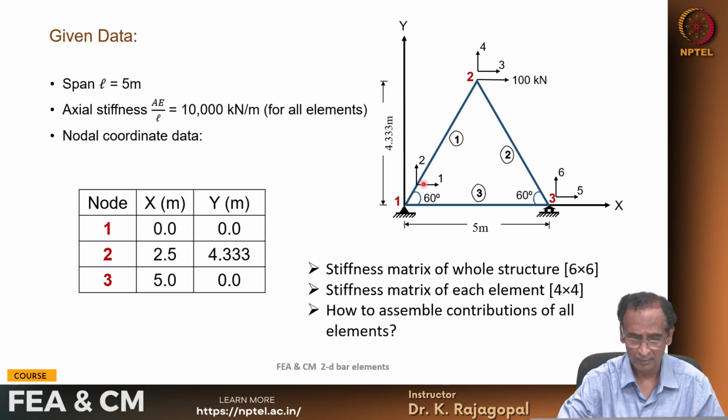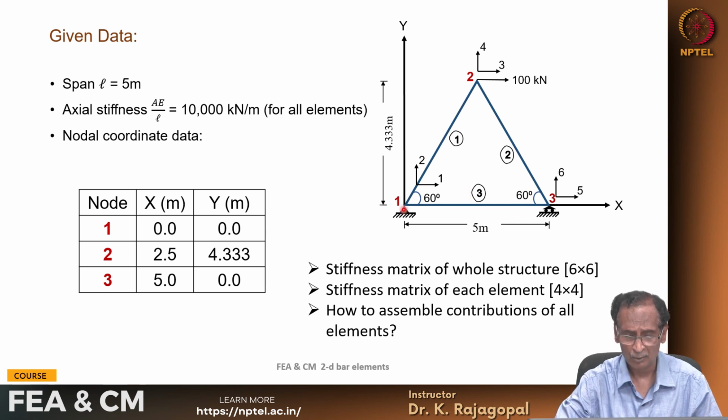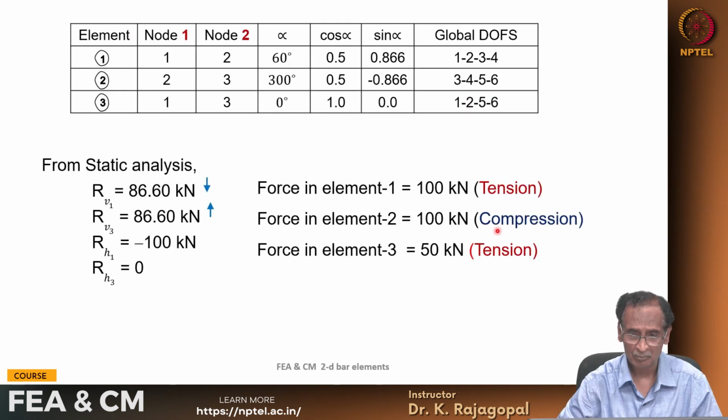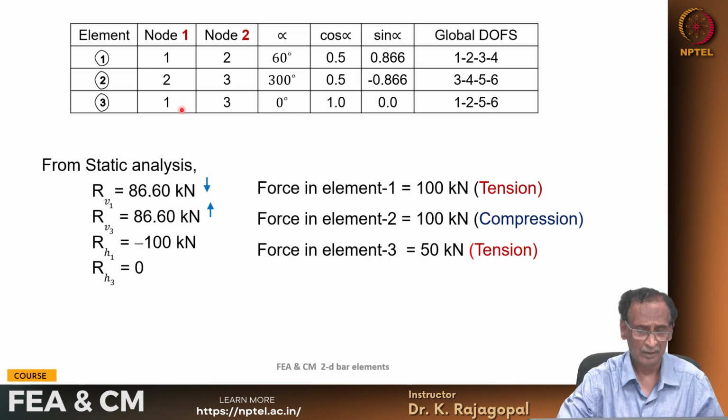Element 1 is connected between degrees of freedom 1, 2, 3, 4, and element 2 is connected to degrees of freedom 3, 4, 5, 6, and element 3 is connected between nodes 1 and 3, degrees of freedom 1, 2 and 5, 6.